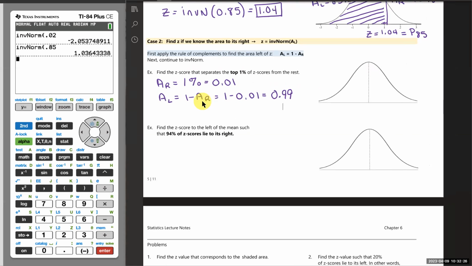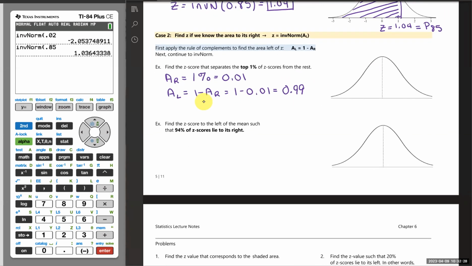So you'll see on the picture that I didn't put any values on the number line. We don't have to draw perfect pictures here. I just want to get a feeling for if these answers will make sense. And we also interpret these graphs a lot moving forward. So we were looking for a z-score that separates the top 1% from the rest.